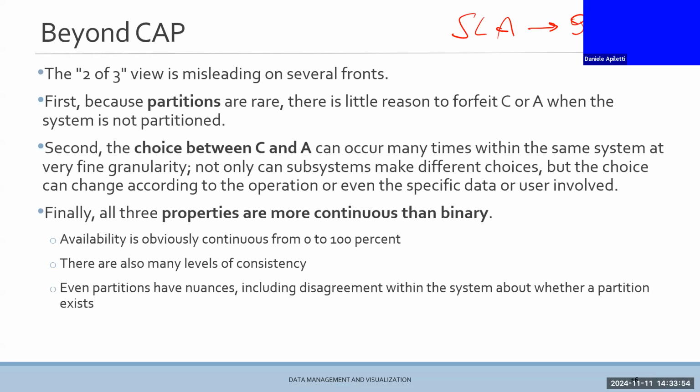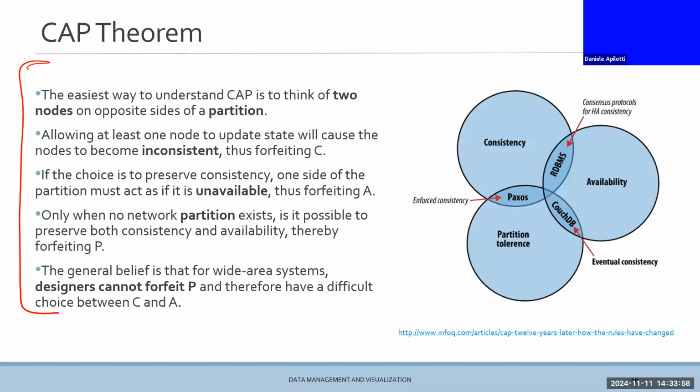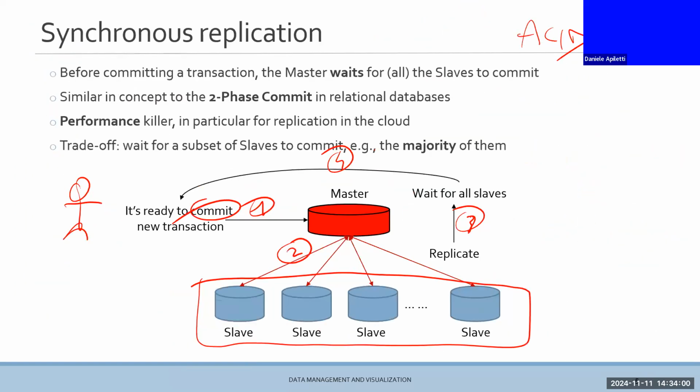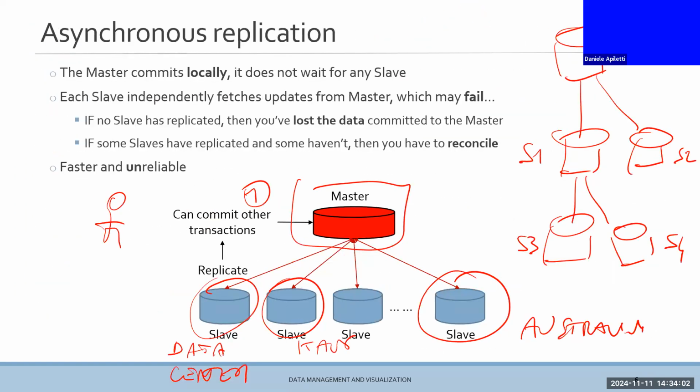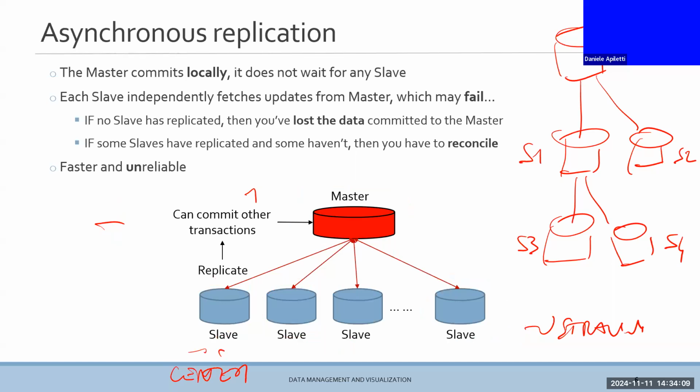Second, consistency. We are seeing consistency in this example, the asynchronous replication with Australia, Italy, and so on. But is the Australian slave node consistent? It's not, because the Australian copy is lagging behind by about 1 second.